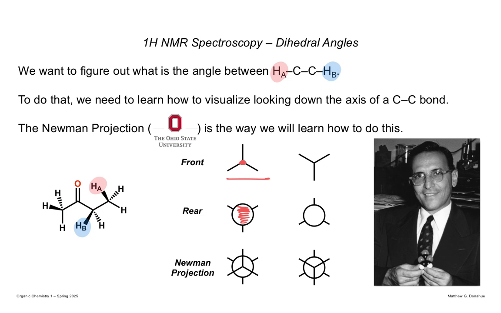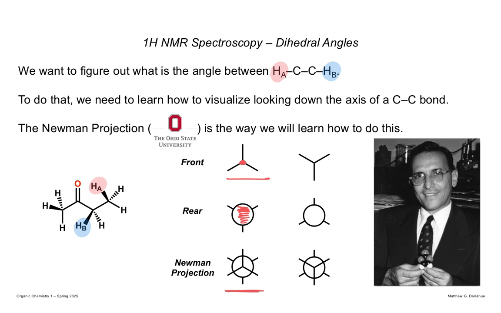And then sprouting off from that are its 3 substituents. Notice you don't see the full lines. You just see that little baby bit of line coming off the circle. That's the back carbon. And then what you do is you just stick the front carbon in front of the back carbon, and then you get the Newman projection shown here.